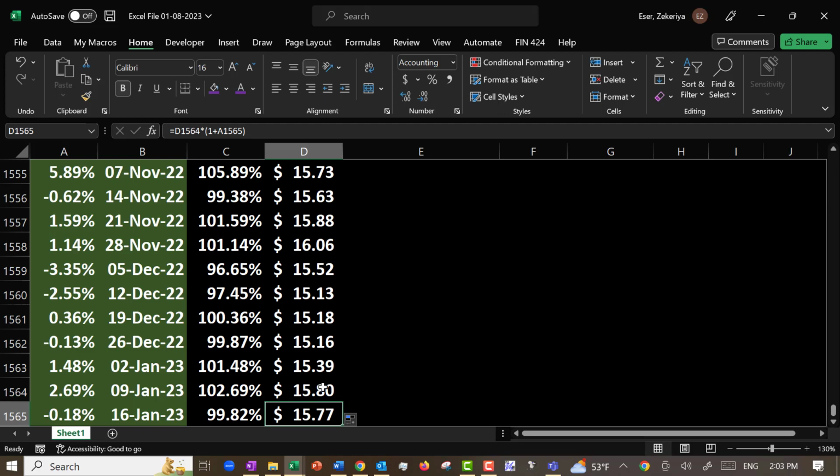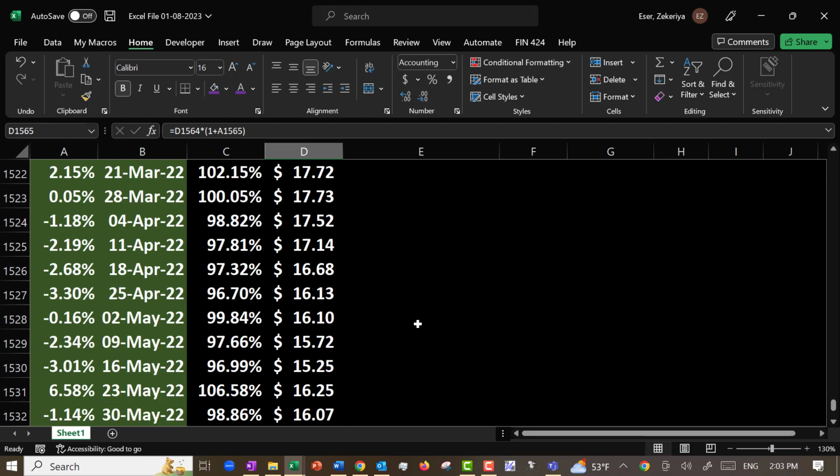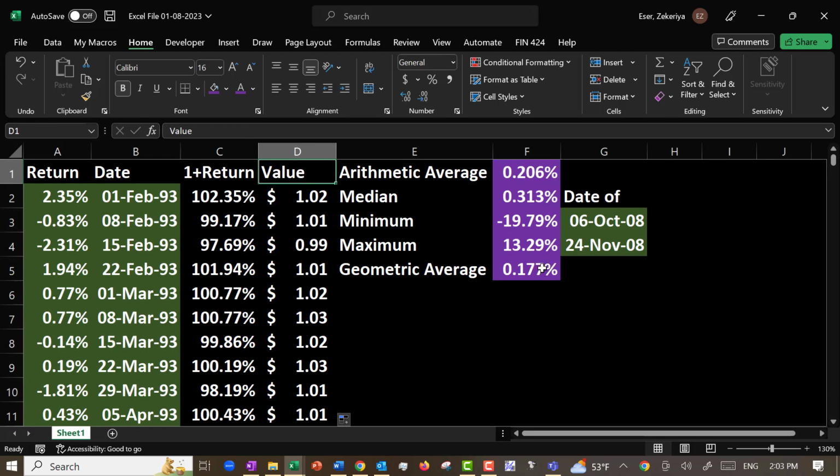Implicit compounding rate. So that means if every week you earn 0.177% for 1,564 weeks, your $1 would have become $15.77. That's what geometric mean is.